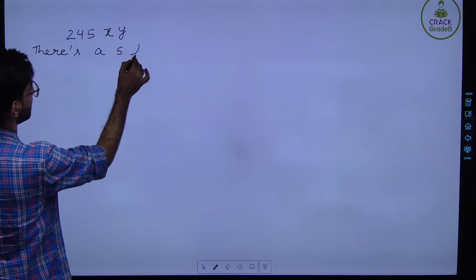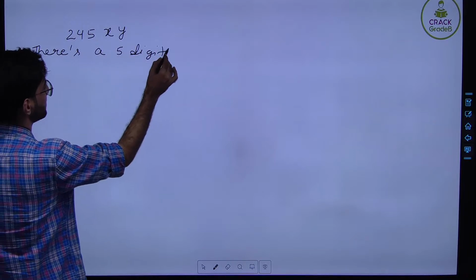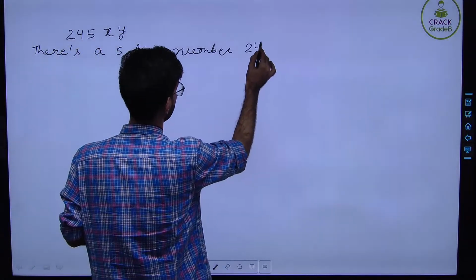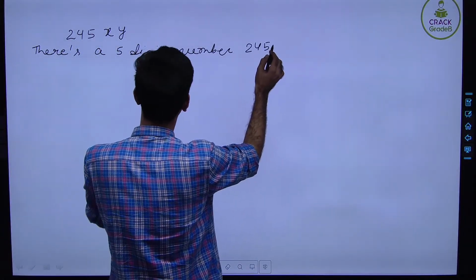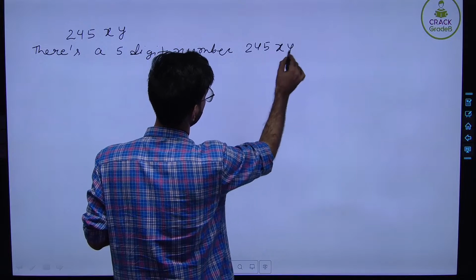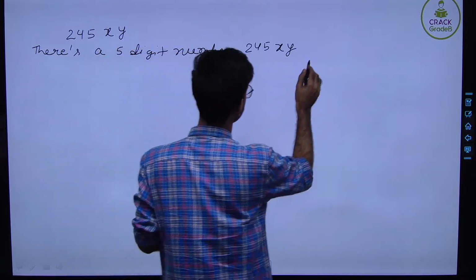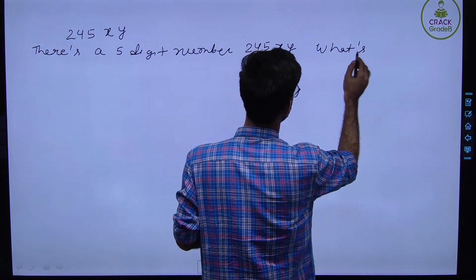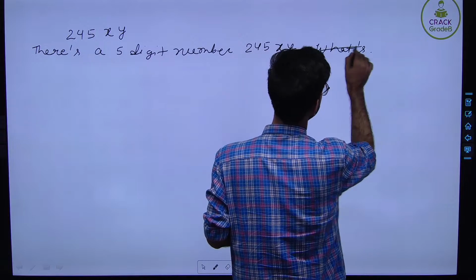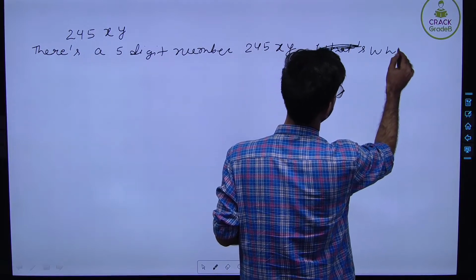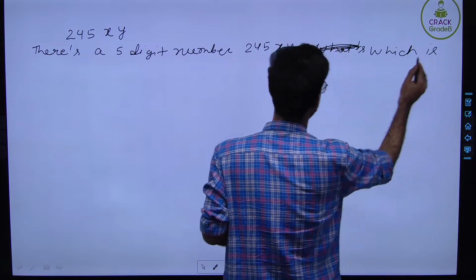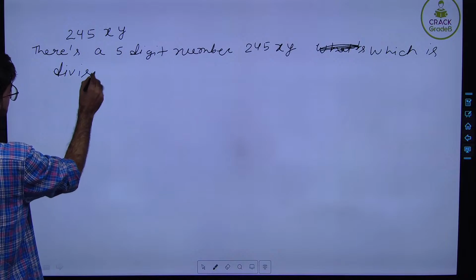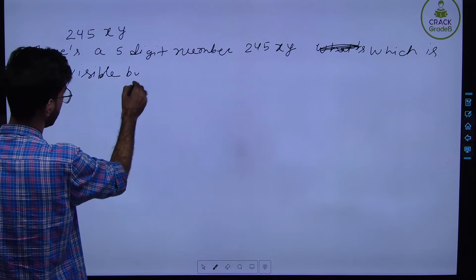There is a 5-digit number 245XY, and it has been given that this number is divisible by 4.